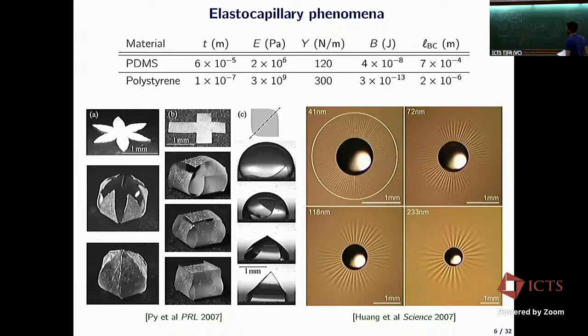So this relation here should always be satisfied. Usually what you impose externally is epsilon, and then you have to determine A and lambda. So you can see this as a constraint between A and lambda.